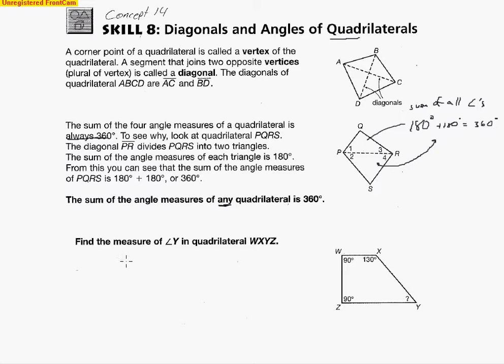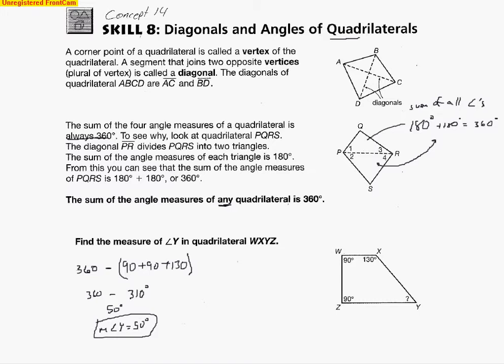We take the three angles that were given, the 90 plus the 90 plus the 130, add them up, and subtract that from 360, since that's the total sum of all the angles. When we add up these angles, we see this makes 310 degrees. We subtract that from 360, and that leaves us with 50 degrees. So the measure of angle Y is 50 degrees.